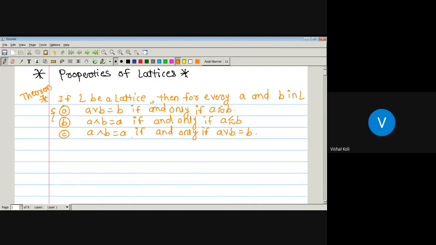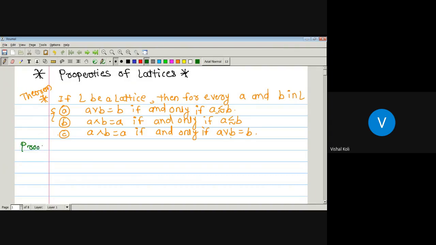That is, a meet b equals a means a precedes b, and a precedes b implies a join b equals b. Similarly, a join b equals b implies a precedes b, and a precedes b implies a meet b equals a. So if we prove the first one, then from the first we can make the second true, and if the first and second are both true, then combining them, the third will be obviously true. So see its solution.